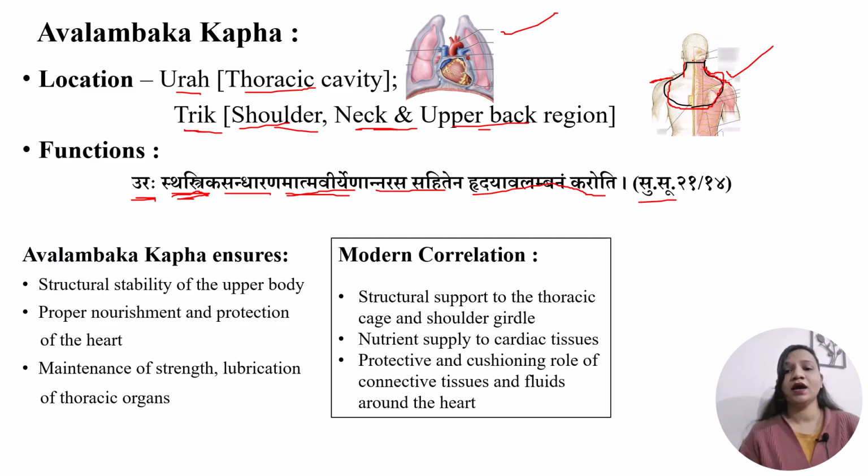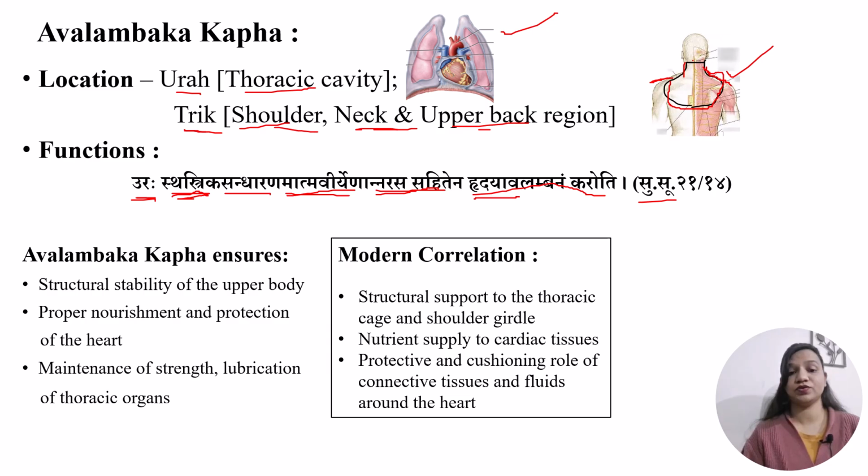What it does, by its own inherent strength, at the same time along with the nutritive essence of the food, Anna rasa sahitena, the Avalambaka Kapha provides support and protects the heart, or maintains the heart functions.